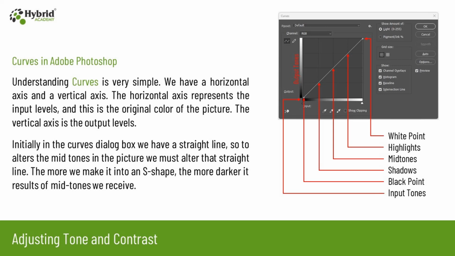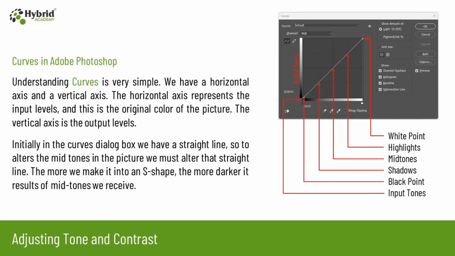Now in the picture on the right hand side, you can see the horizontal axis, which is at the bottom, which starts from black and ends in white, is known as the input tones. The vertical axis, which again starts from black and ends in white, is known as the output tones. The top right corner of the graph is known as the white point, and the bottom left corner of the graph is known as the black point.